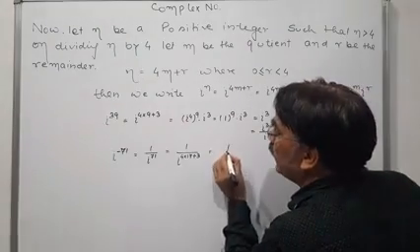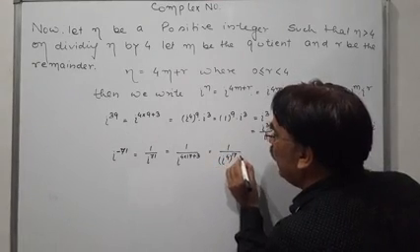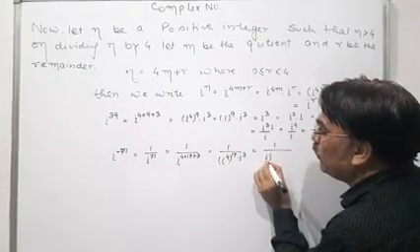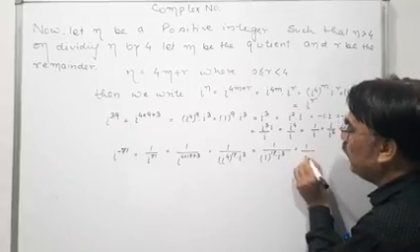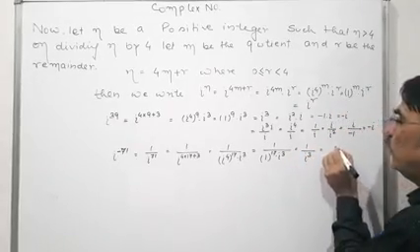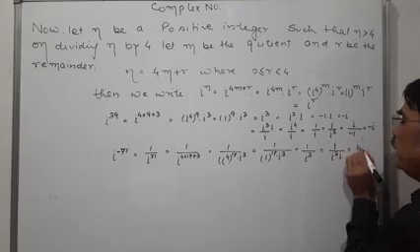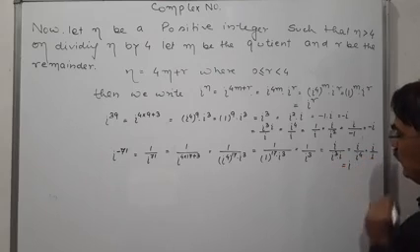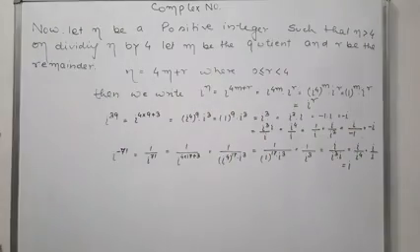So we can write it as 1 upon (i to the power 4) to the power 17 into i cube, which is equal to 1 upon 1 to the power 17 into i cube. So it will be 1 upon i cube, and now multiply i in denominator and numerator. Then we get i upon i to the power 4, and now the value of i to the power 4 is 1, so the value is i. So the value of i to the power minus 71 is i.